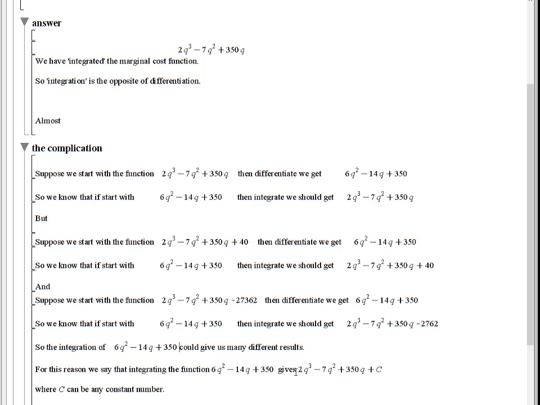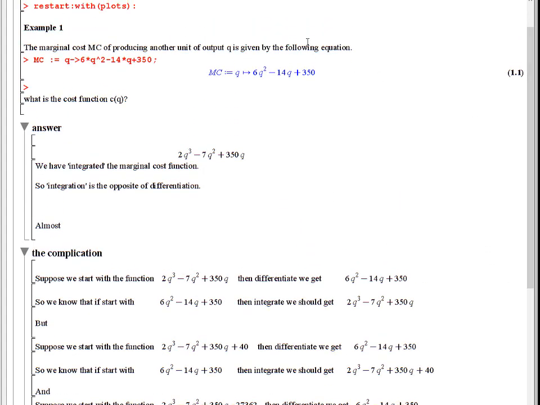So when we integrate this, we say that we get this plus, it could be k or m or c. C is very common, it's just a constant number. Because when we differentiate this again, whatever this constant number is will disappear. So when you integrate, you never know what that number could have been you're starting with. Even back in this example here, I don't know if I should have a plus 10, minus 50, so there could be some number here, so I have to put plus c.